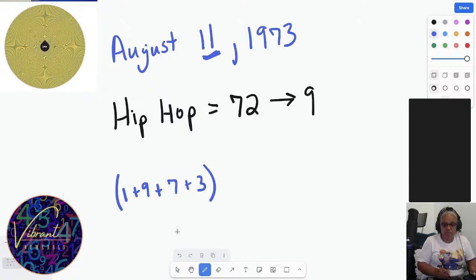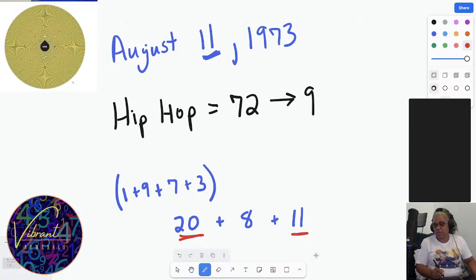And so then for hip hop, this is 20. And then you add your one or two digit month. And then you add your one or two digit day. And it's really important to make sure that you keep this as a double digit and this as a double digit.